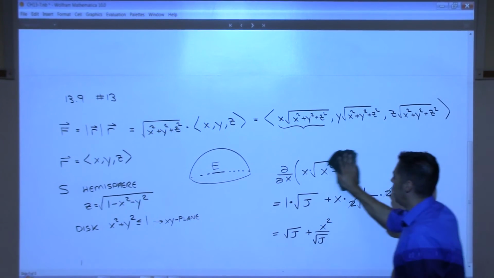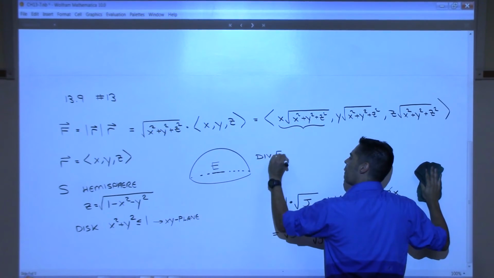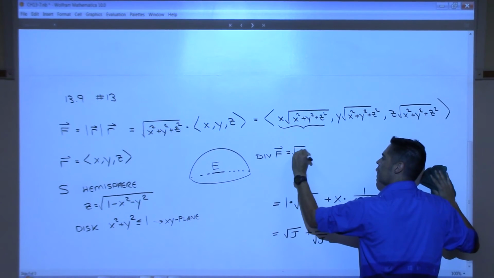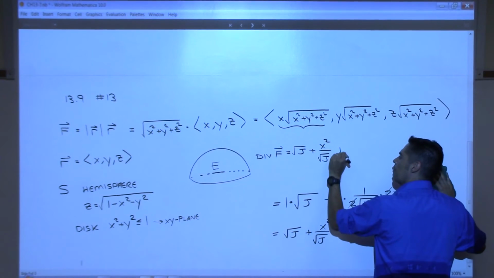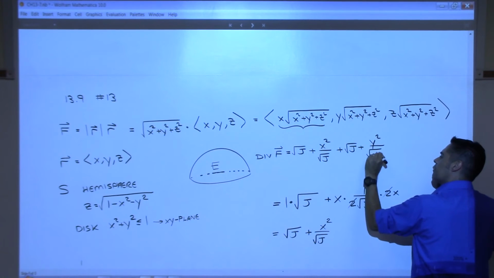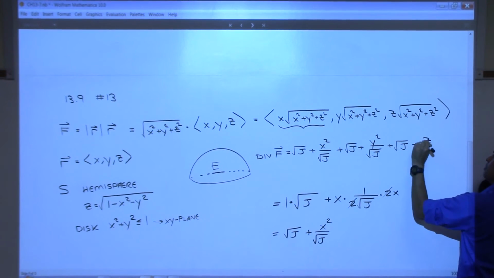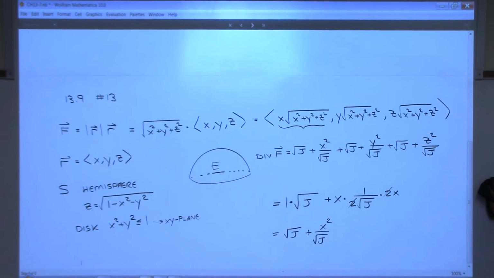So with that in mind, the div of f should be this root junk plus x squared over root junk plus root junk plus y squared over root junk plus root junk plus z squared over root junk. You can write junk. Yep, that's okay.